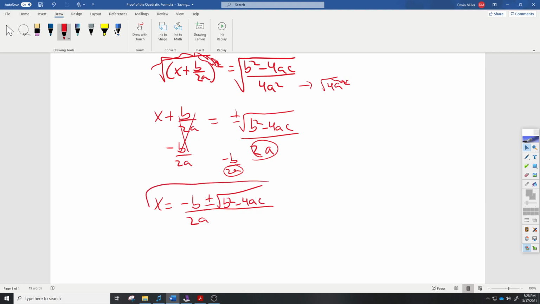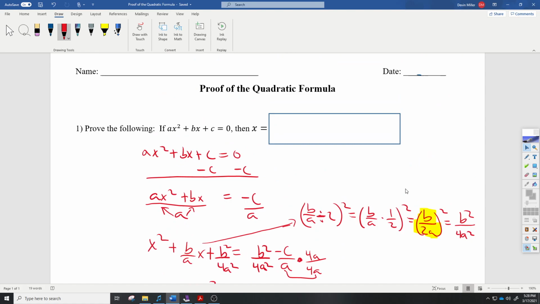So this is actually the formula for the quadratic equation to solve for x. Negative b plus or minus the square root of b squared minus 4ac all over 2a. So that's what we need to put in the box.